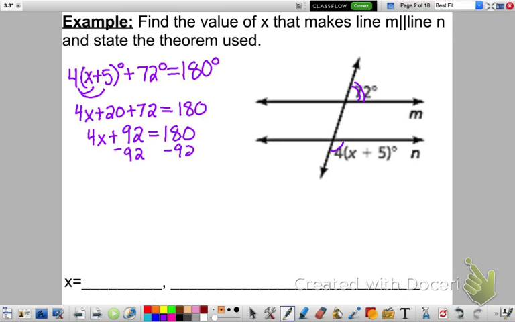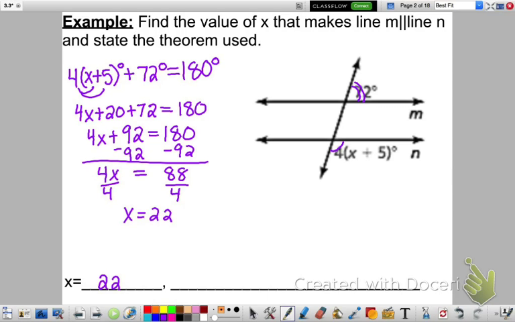Subtract 92 from both sides. 4x is 88. Divide by 4. X is 22. Now, it asks you to state the theorem that you used.